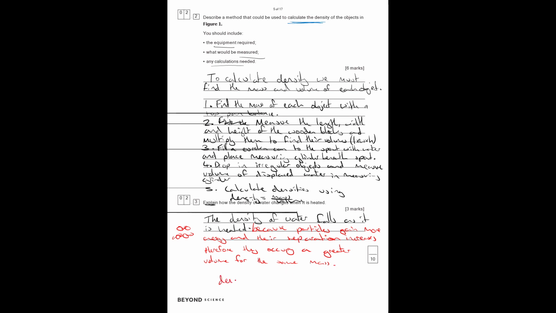And density equals mass over volume. You don't need this last bit. That would be a fine answer above. If your mass is staying the same at the top and your volume is increasing, well, your density must decrease because you're dividing by a larger number.